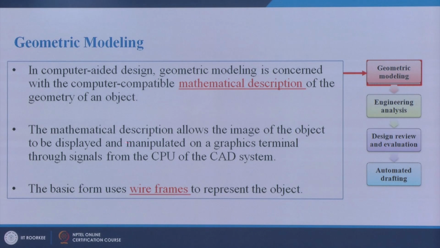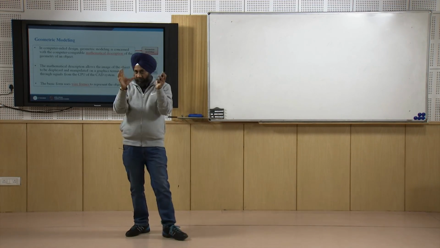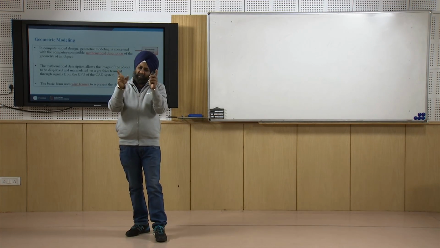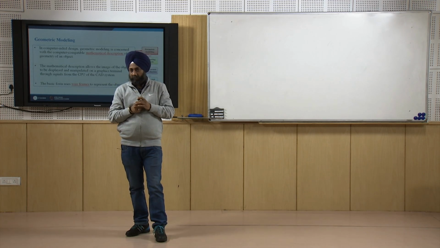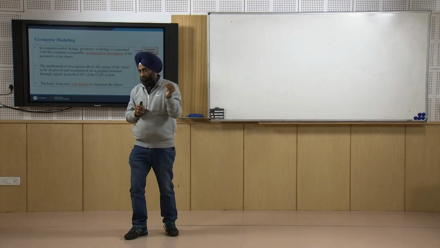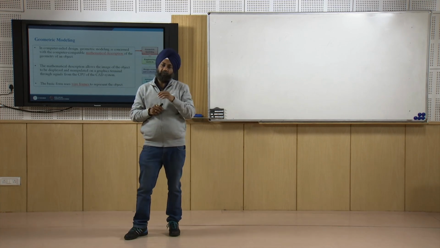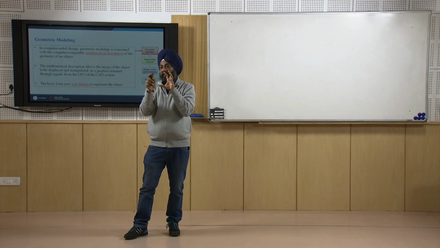The mathematical description allows the image of the object to be displayed and manipulated on the graphics terminal through signals from the CPU of the CAD system. We can display it, we can manipulate it, we can work on it, we can cut a section, we can make a hole inside a geometry. If it is a 3D geometry, we can extrude a hole out of it, or we can add certain features on the geometry. All that is done.